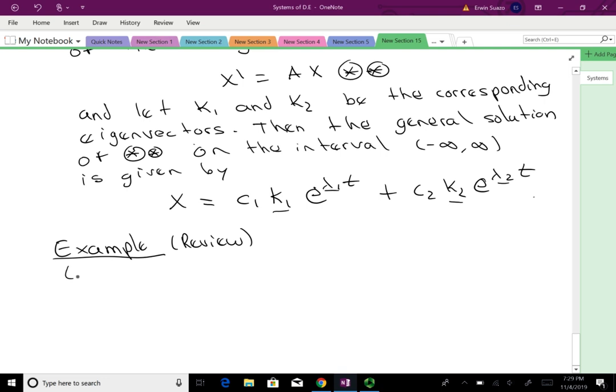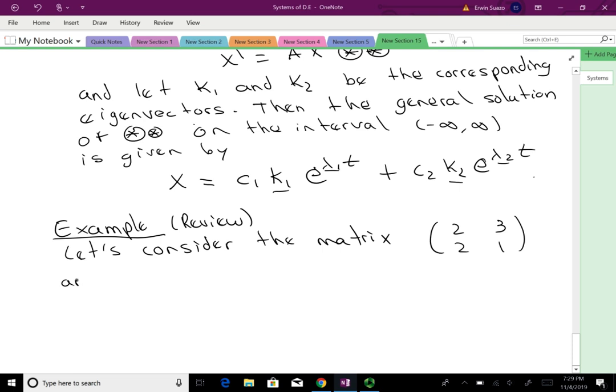So let's consider the matrix 2, 3, 2, 1, and let's find its eigenvalues and eigenvectors.